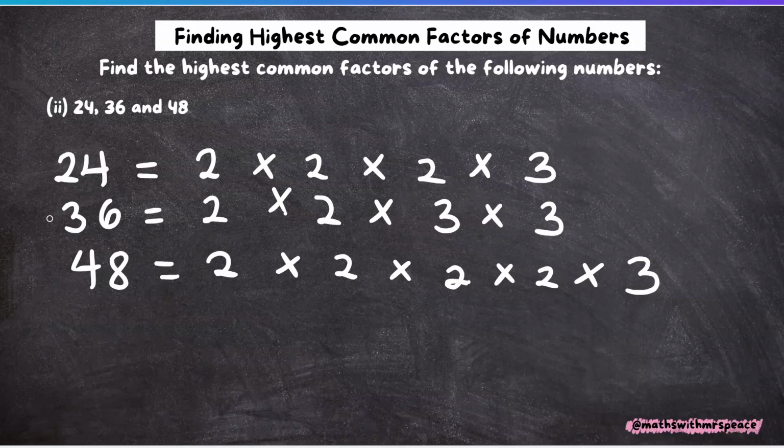Just like we did in our first example, we're going to be taking factors that match for the 3 numbers. So we have 2, 2, and 2. I'm going to take this one. We have another set of 2's as well, so I'll take that.